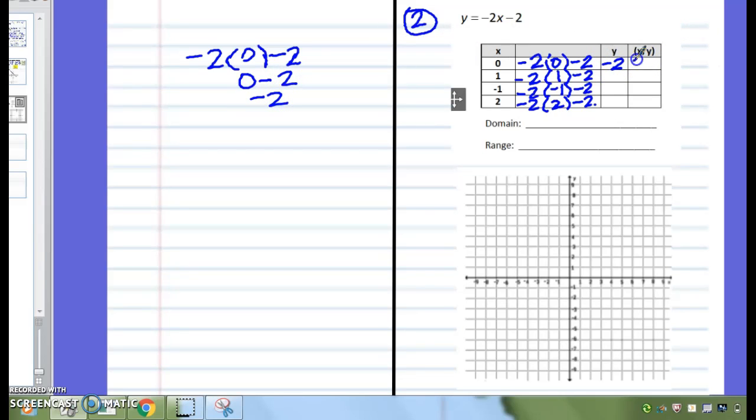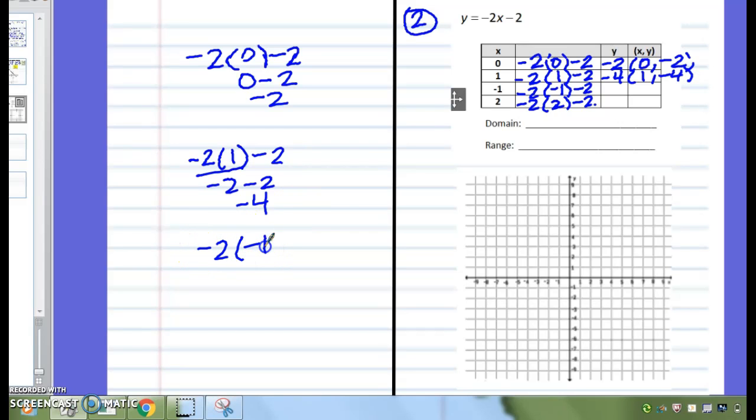So the first ordered pair will be 0, -2. -2 times 1 minus 2 would be -2 minus 2, which is -4. So the next ordered pair is 1, -4. So -2 times -1, which is +2, minus 2, which would be 0.